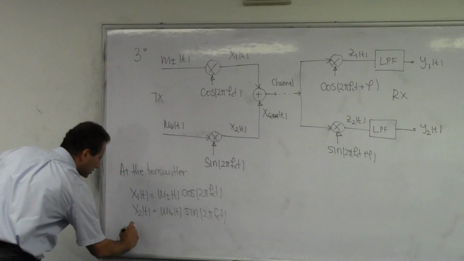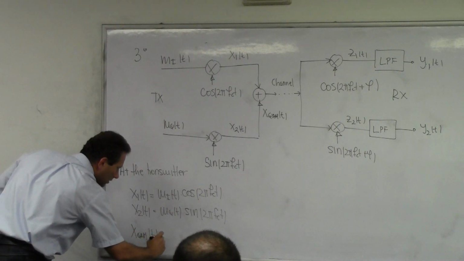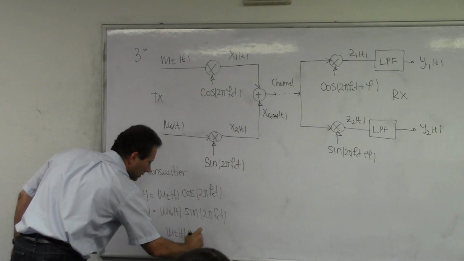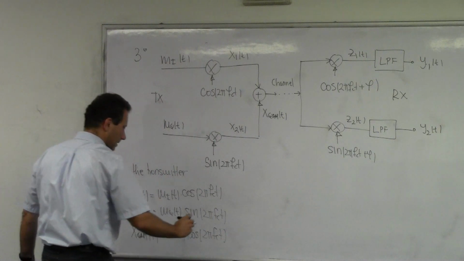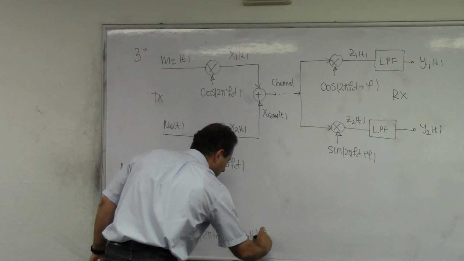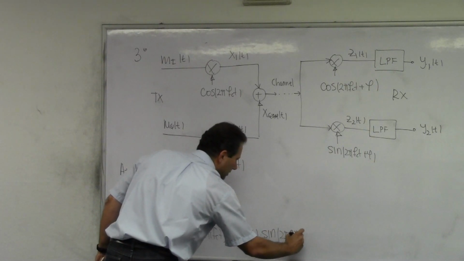And finally, this x is going to be mi of t times cosine 2 pi fct plus mq of t times the sine of 2 pi fct.